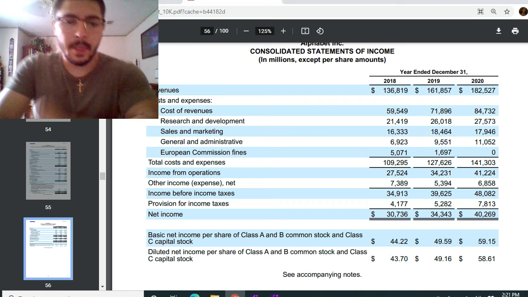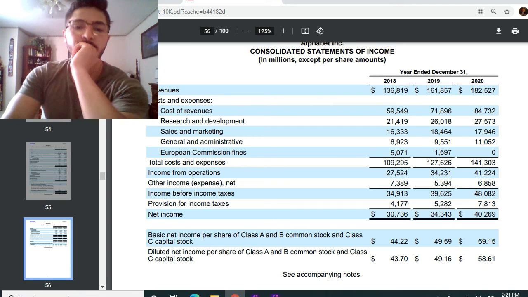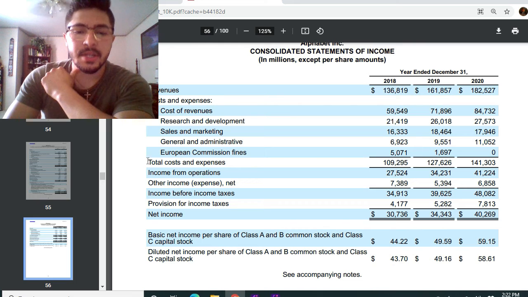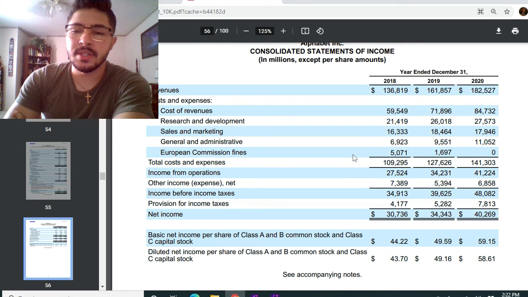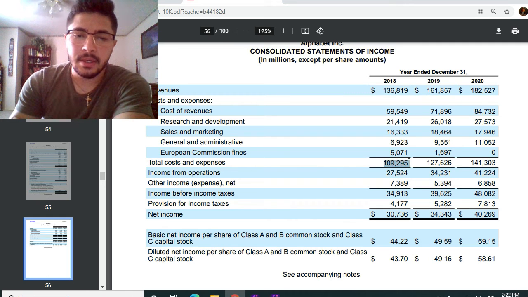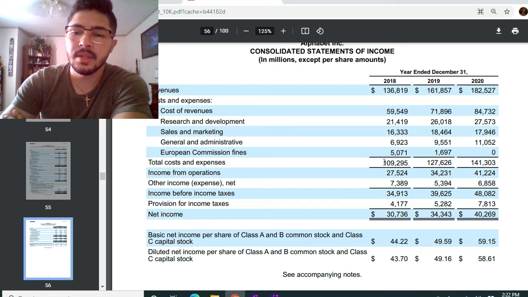Now, going on further, you see total cost of expenses. They just added all their expenses together, and you see it in the following line. Of course, you see that each one of their expenses has gone up each year, almost dramatically.